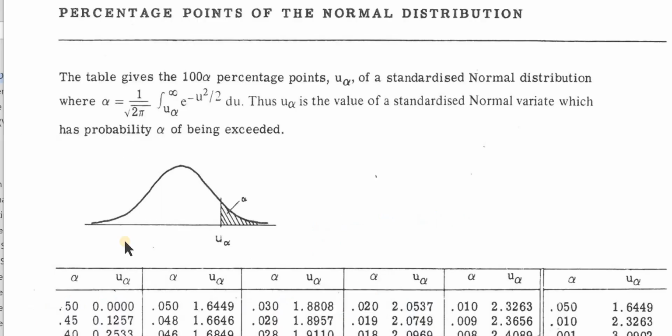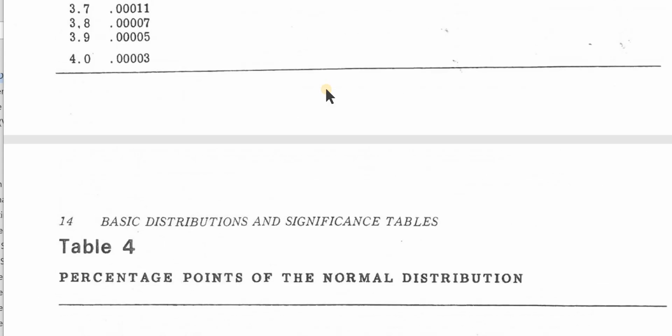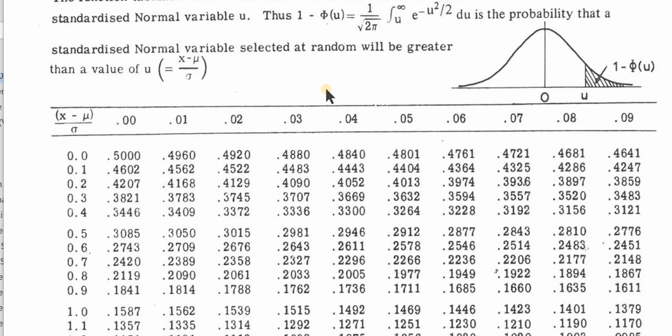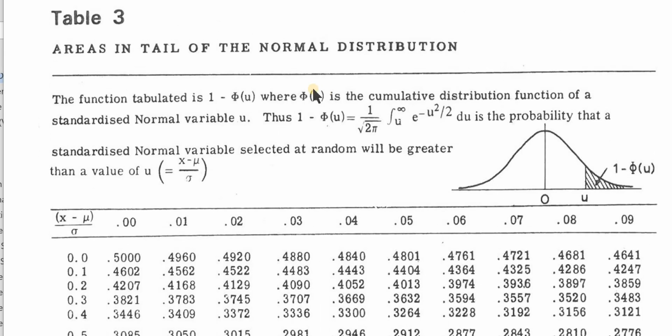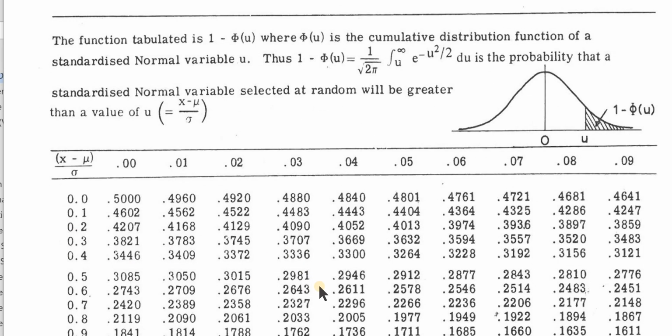We get the answer 0.351. In the next chapter we are also going to use this table, which is the percentage points of the normal distribution. Previously, we used the normal distribution table, which is Table 3, where here is the probability and inside here is the z value.